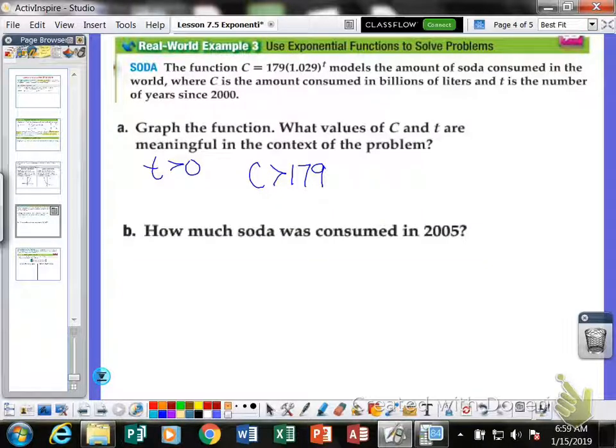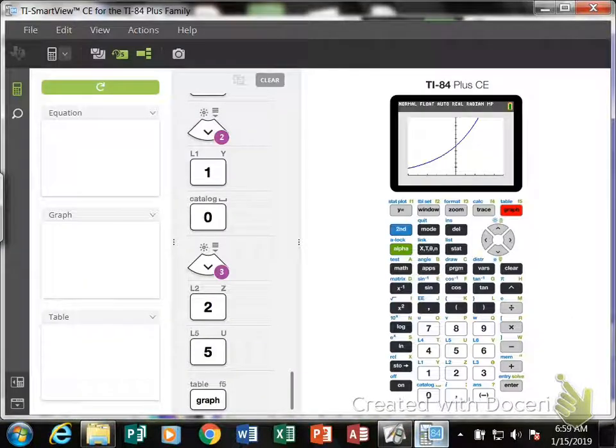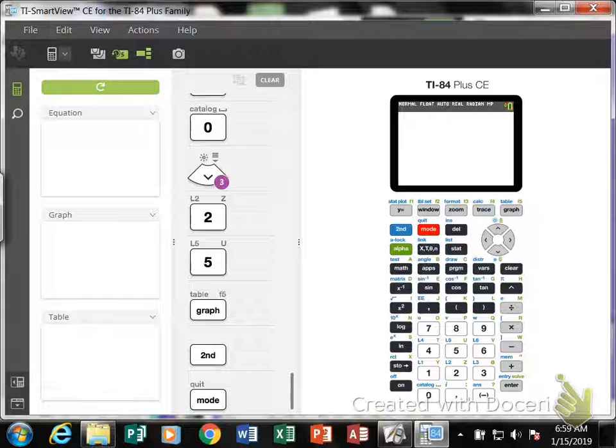How much soda was consumed in 2005? All right, so we had c equals 179. Notice again, this was your y-intercept, times 1.029, because that is the rate at which it is increasing. And then to the t, so 2005 is 5 years from 2000. Let's go back to our calculators. Let's get out of the graphing, second mode.